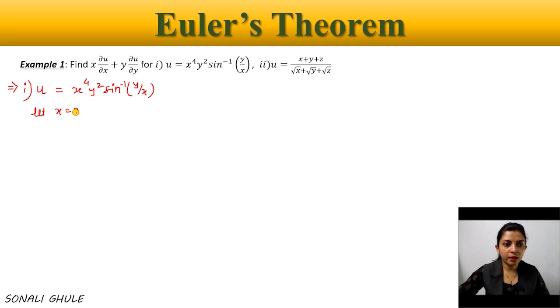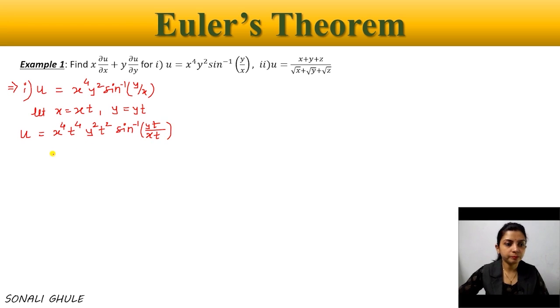x is equal to xt, y is equal to yt, right? Then what is our u? If we put here x equal to xt, yes, it is x raised to 4, t raised to 4, then y square, t square, then sine inverse yt upon xt.